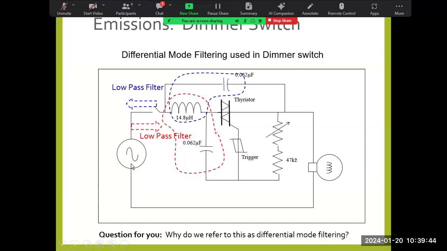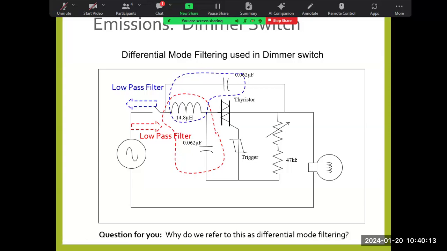And then that current will go one way through there, and then it will come back the other way, right? So what we have is two filters in this little box, one for conduction one way, a low-pass filter, choke, capacitor, and then the other direction, which is through the choke and the capacitor going back. So you get a filtering both directions in the wiring.